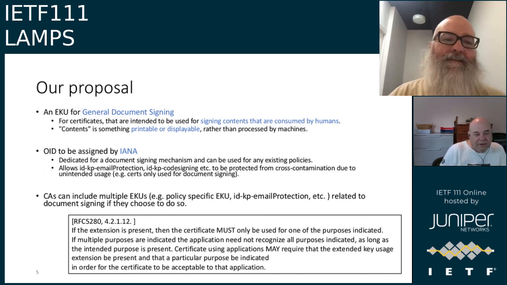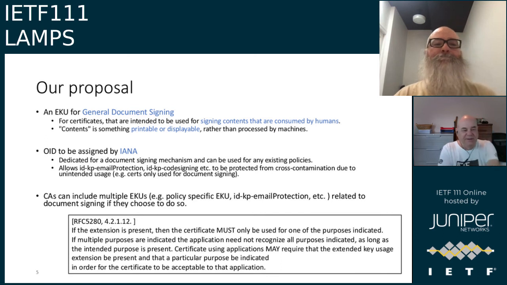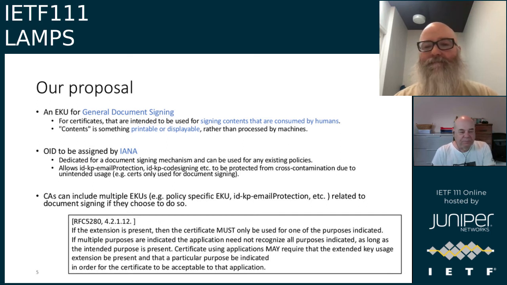Tomofumi, we saw your hand a second ago. Please speak. Thank you. Ito-san and I had a similar case where the customer issues certificates for document signing, but they don't necessarily want to use S/MIME or code signing or any other existing EKUs for document signing, because they don't want to be governed by this particular consortium or trust program.